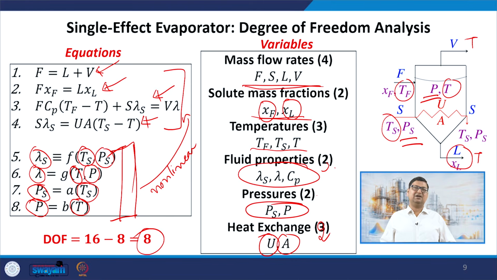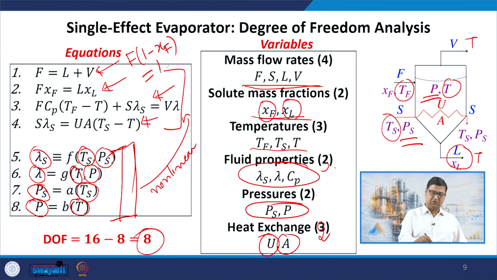If, for example, I had written a mass balance also on the solvent, that would not have been an independent equation, because that would have been something like F into 1 minus XF. This is the amount of liquid solvent in the feed and that is equal to L into 1 minus XL, that is the amount of liquid solvent in the liquid going out, right.